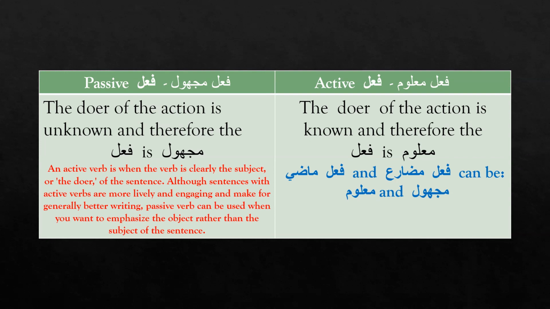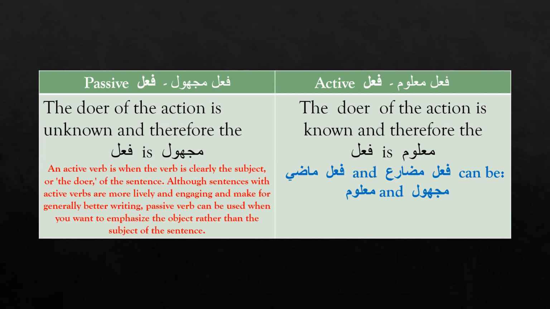the subject of the sentence, as I already mentioned, in jumla fi'liyya we have fail, fi'l, maf'ool, and zarf. So fail, fi'l, and maf'ool. When we want to focus on the maf'ool rather than the fail, then mostly the fail majhool is used in that sentence.